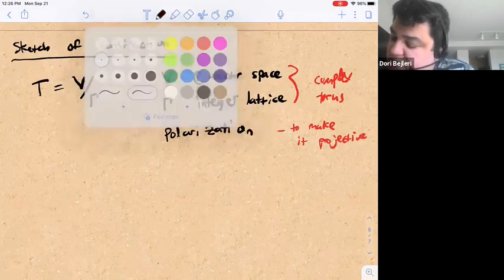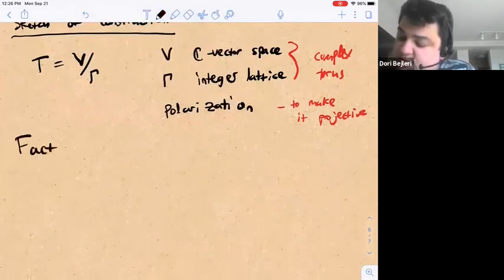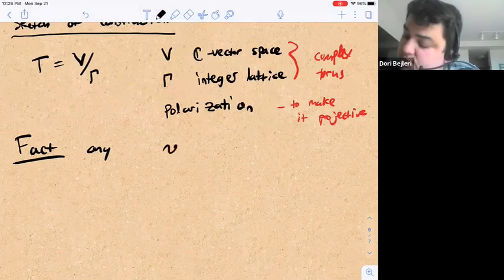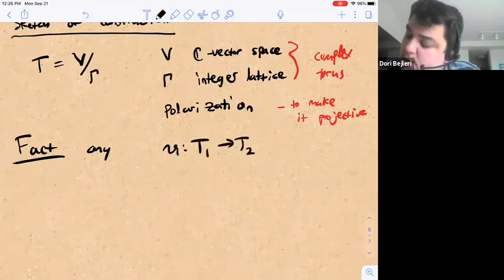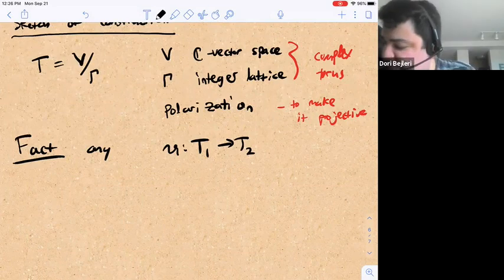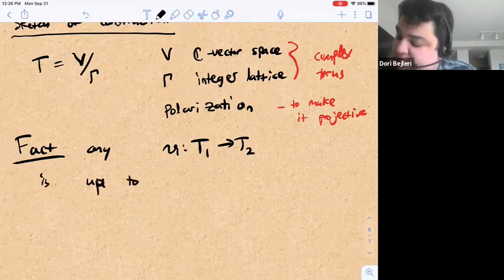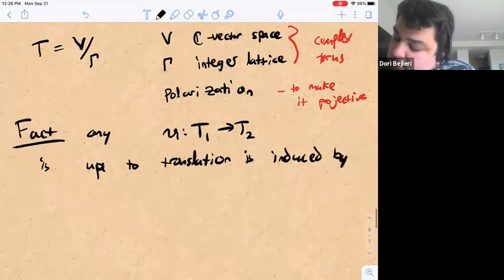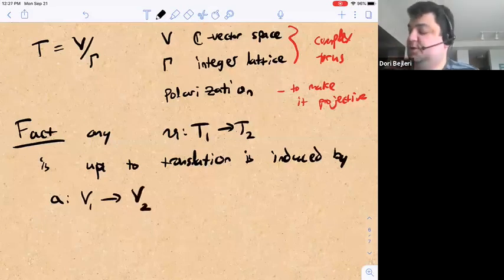And then the important fact is that any morphism between these complex tori, we call it U, any such U, up to translation in the group structure on T, or equivalently on this vector space mod gamma, is induced by just a linear map between vector spaces, by some linear map A that preserves the lattices.